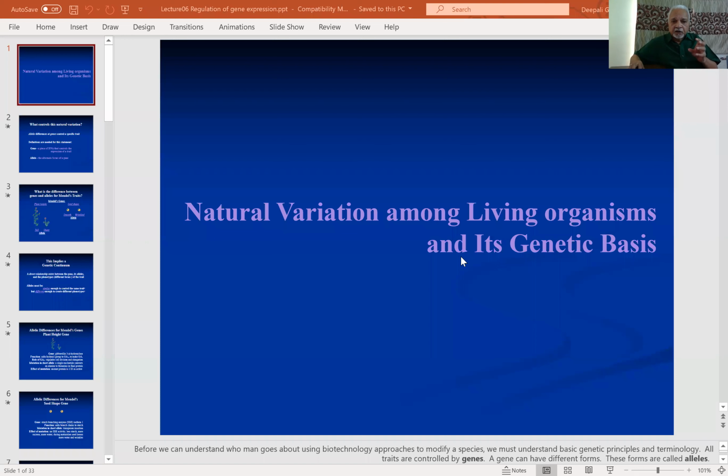And this aspect was systematically looked at by Mendel in 1860s or so, and he came up with certain principles which explain how the various characteristics, or what he called traits, are transmitted from one generation to another.